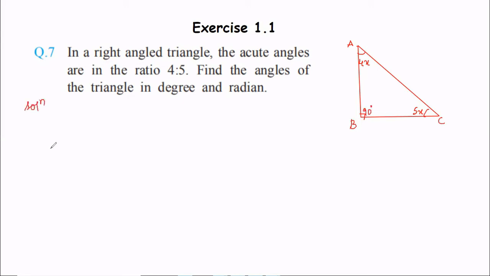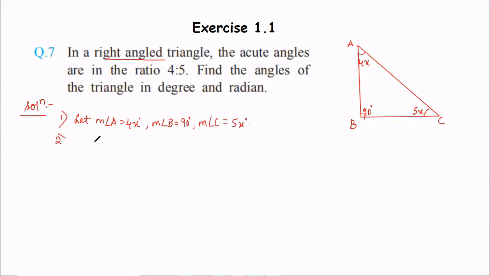Starting with the solution, we first write our assumptions. Let measure angle A be equal to 4x degrees. Measure angle B is equal to 90 degrees, since it's given that the triangle is right angled. Measure angle C is equal to 5x degrees. So these are our assumptions. Now let's calculate in the second step.